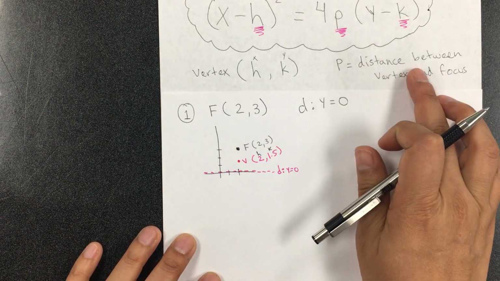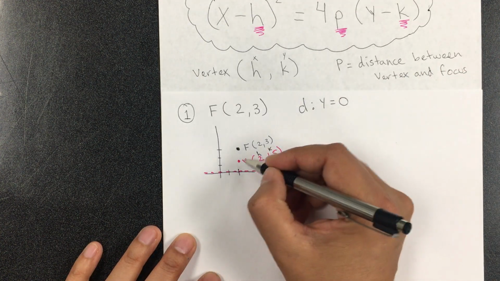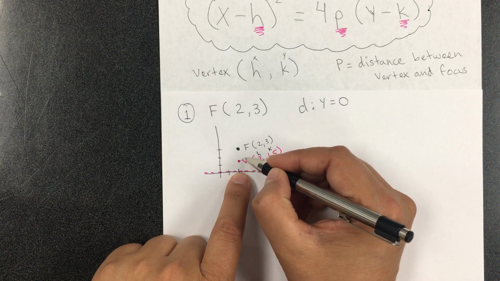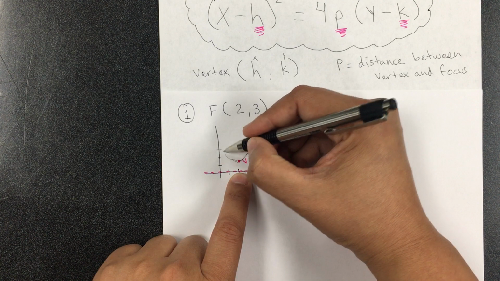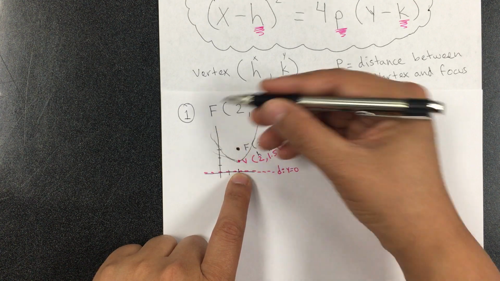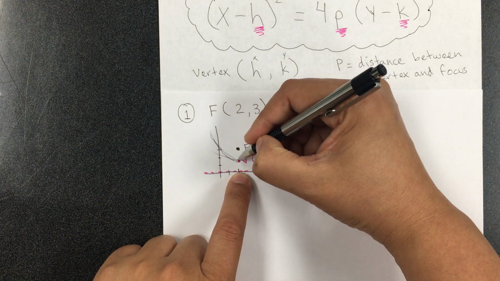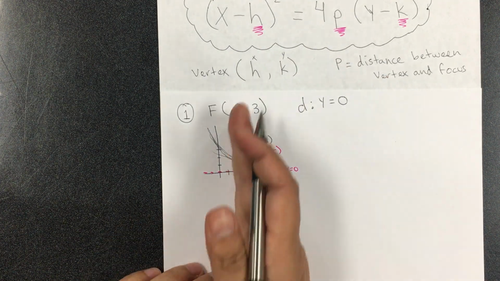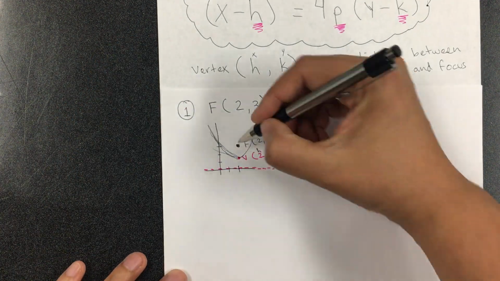So P is the distance between the vertex and the focus point. So let's say that the parabola will always open opposite of the directrix, and it will have the focus right in the middle. Well, not in the middle, but I guess in the middle from the two sides of the parabola, okay?